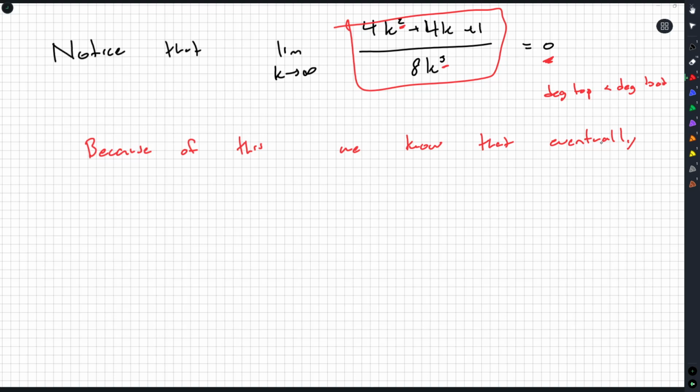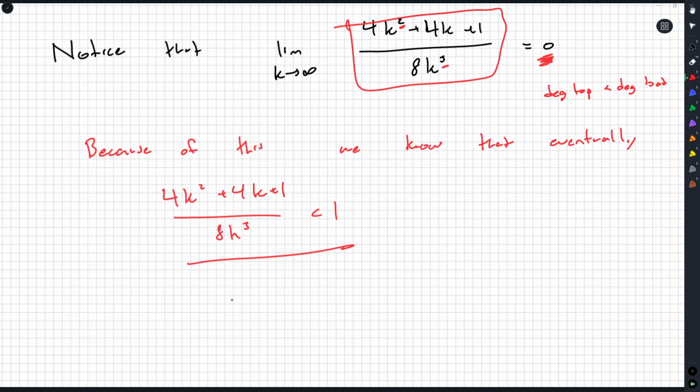So we know that eventually this expression here has to be less than 1. Because if you're going to 0, you can't keep being big like 1 or 2 forever. You've got to start getting within a half, within a third. So eventually, for k big enough, this will happen.